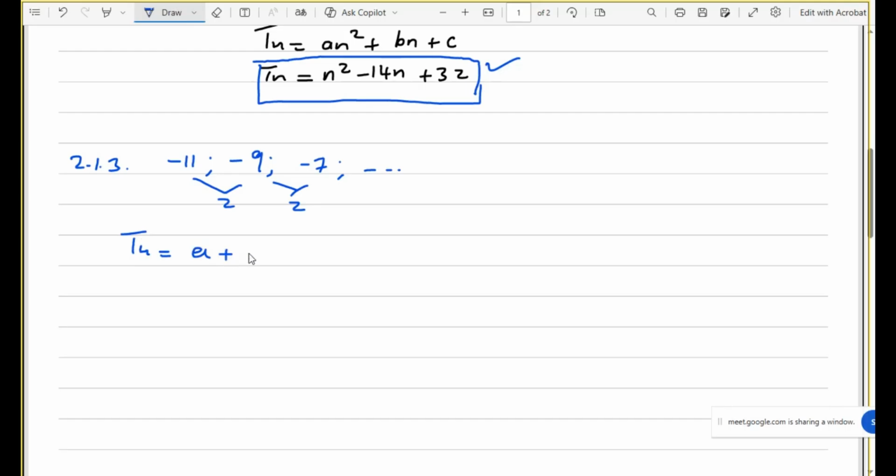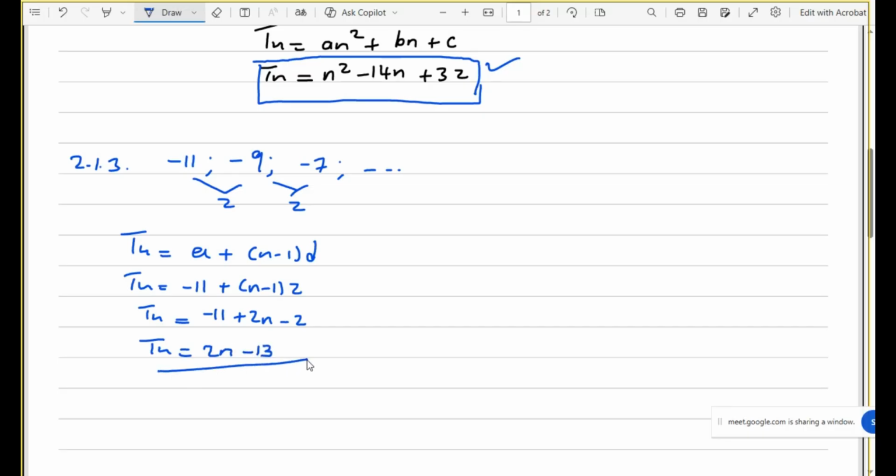It's a plus n minus 1 times d, which gives us the general term: a is minus 11, n minus 1 times d. And when you solve this, you need to get minus 11 plus 2n minus 2. So Tn is 2n minus 13. This is the general term.